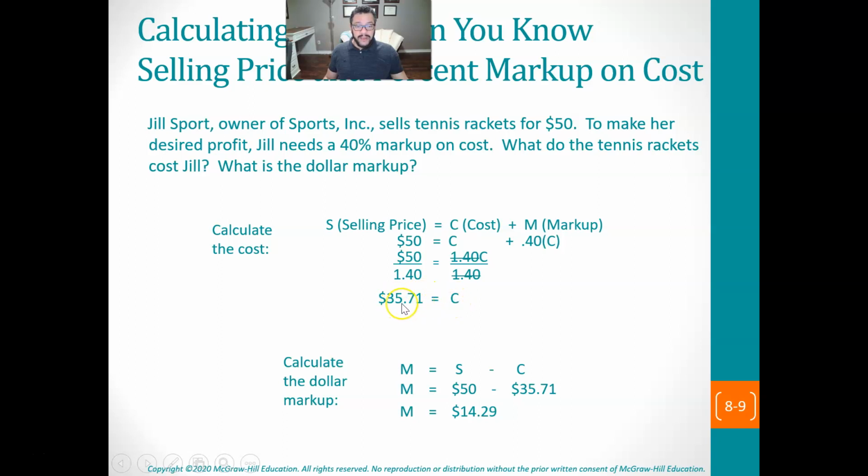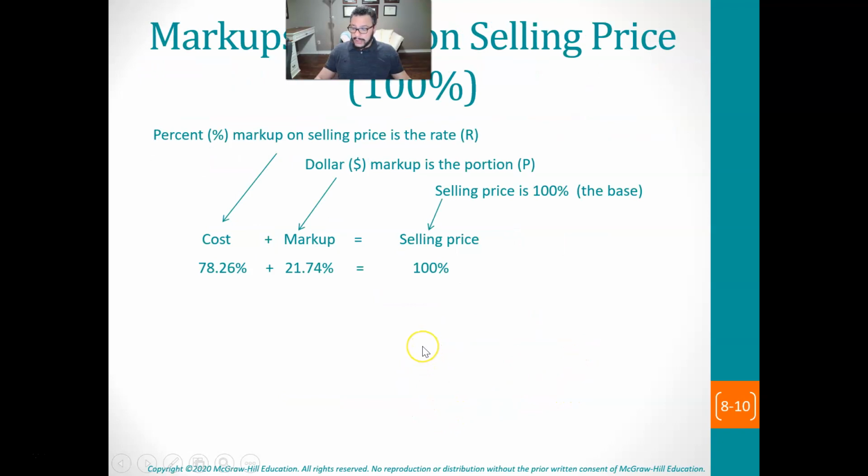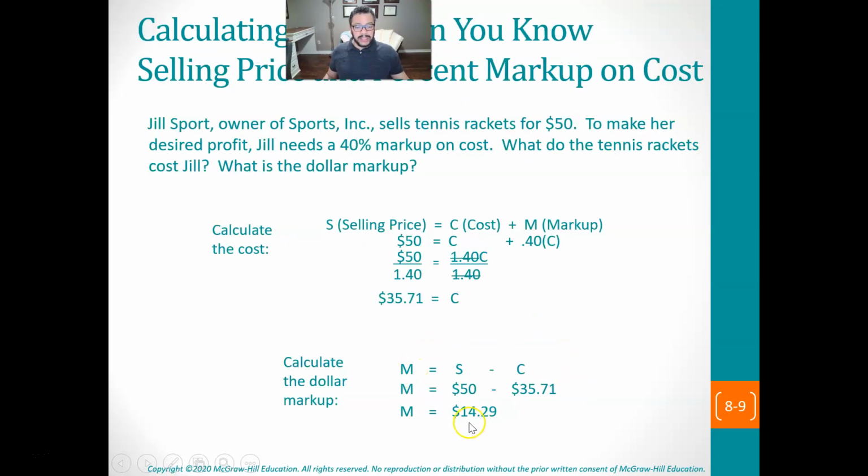So $35.71 is actually our cost. So if we're selling it for $50 and we bought it for 35.71, then our markup is the difference between the two, 14.29.